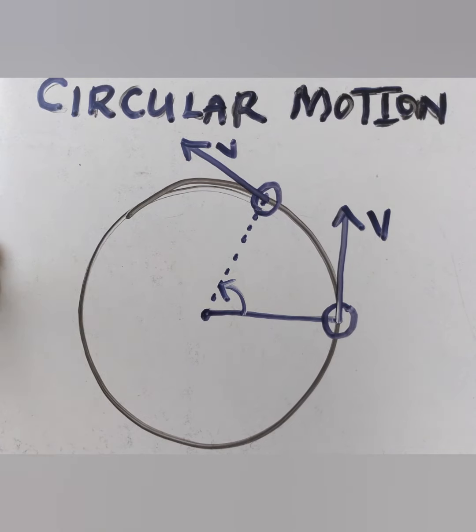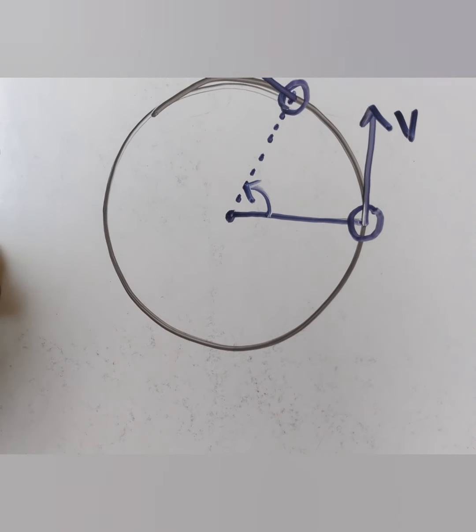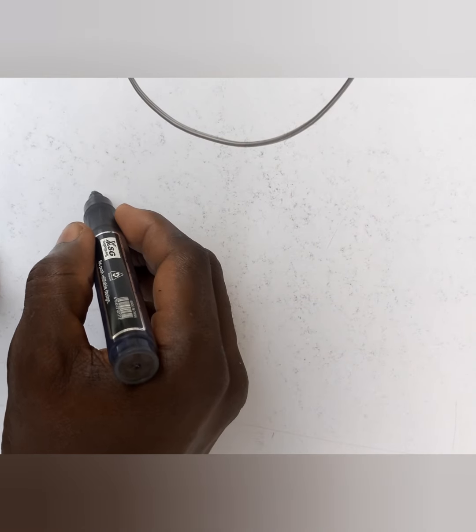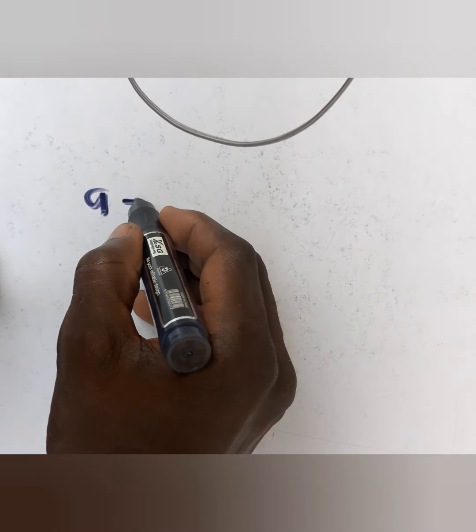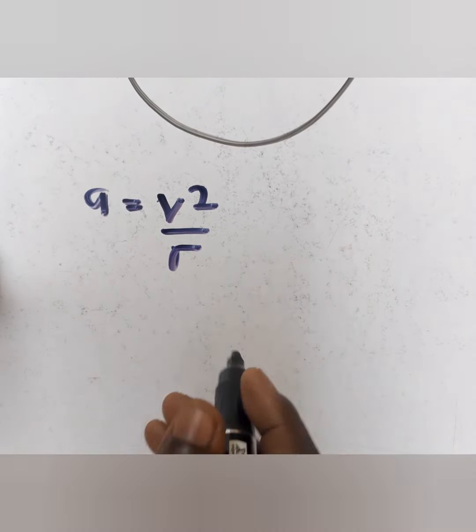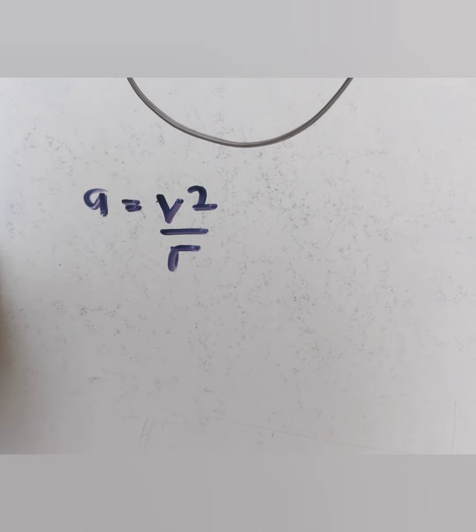If the velocity of the stone is changing in direction, therefore we can write that A is equal to V squared divided by R. Don't forget, A is the acceleration of the stone, V is the velocity of the stone, and R is the radius of the circular path.